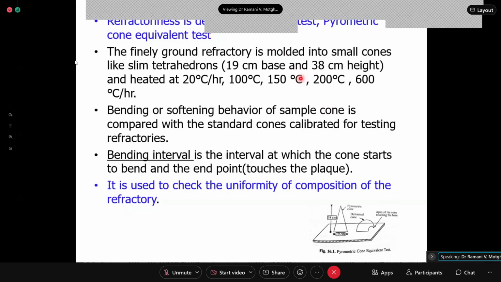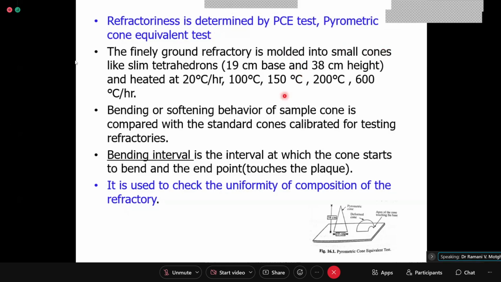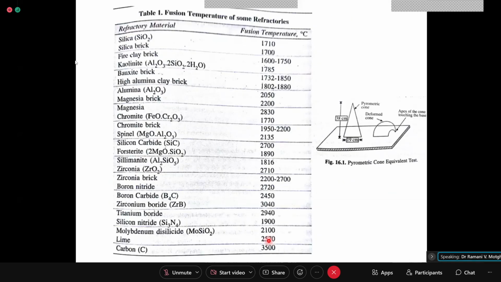Okay. So what we had seen that day was a pyrometric cone equivalent test, and that is giving you information regarding refractoriness, what the fusion temperature is. Fusion temperature has nothing to do with any sort of load.